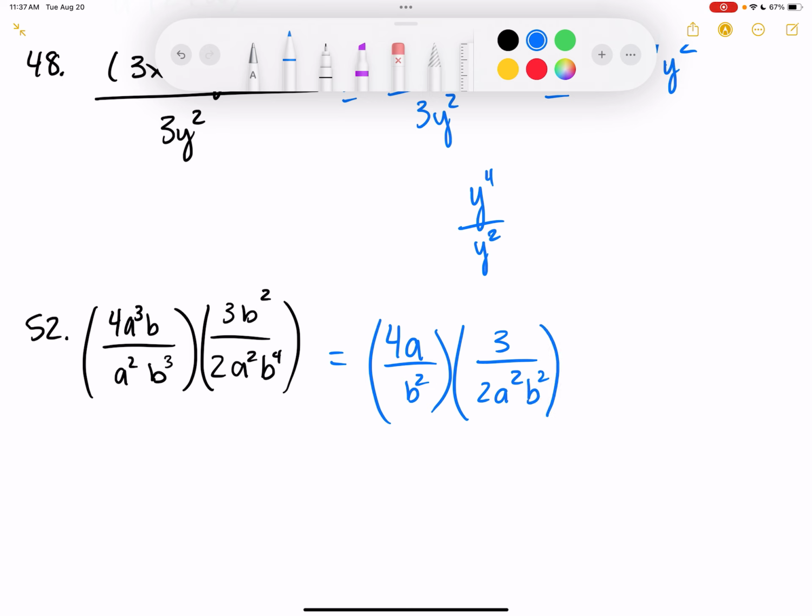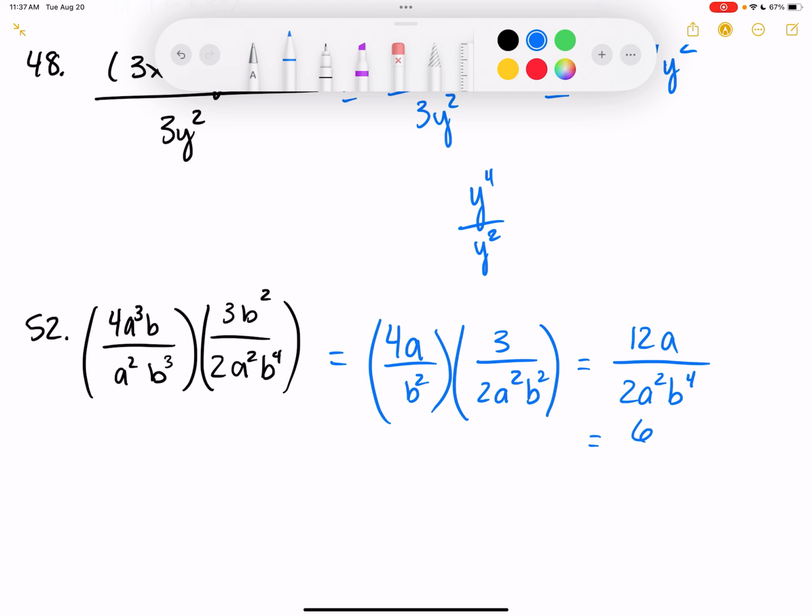Now what? So multiply it. Which is going to give me what? 4a over 2a squared b to the 4th. Am I done? No. What else can I do? Divide. Or you multiply. 6a over a squared b.